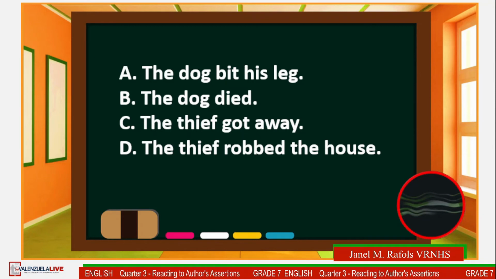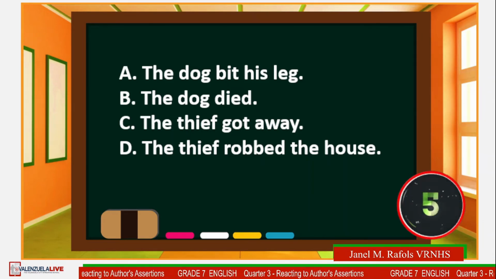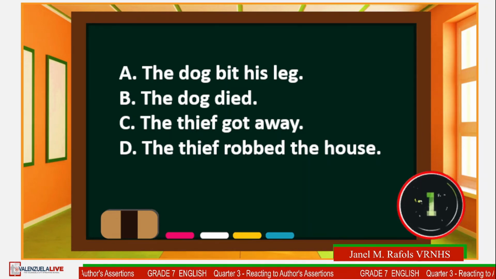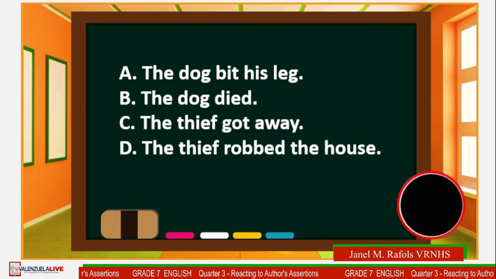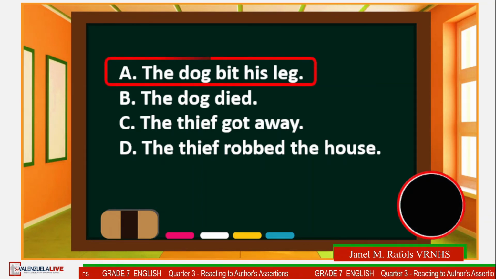B. The dog died. C. The thief got away. Or D. The thief robbed the house. The prediction for number 10 is A. The dog bit his leg.